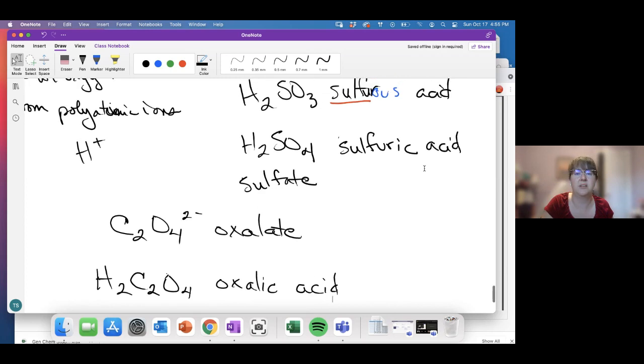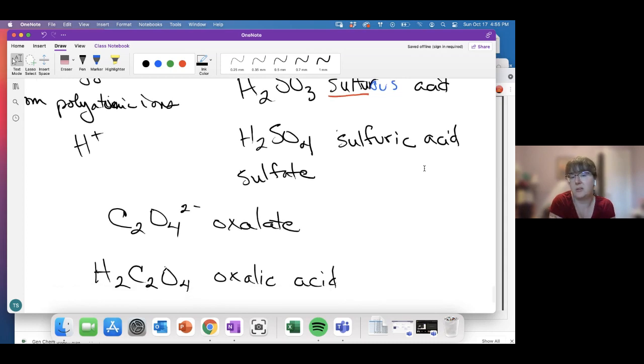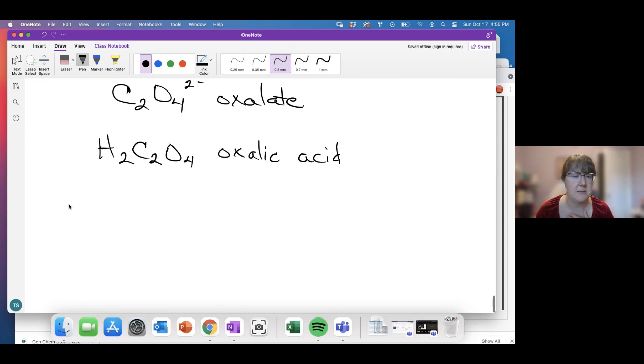So whether you have one where it's the ite and ate, and you've seen those pairs before, or even if it's one that I'm not actually certain that there is an oxalite as a compound, we still use the same general rule, which is to remove the ATE and add IC and acid to it. So oftentimes you either see these with the OUS, if it's adding an ITE, or if it ends in ATE, adding the IC.